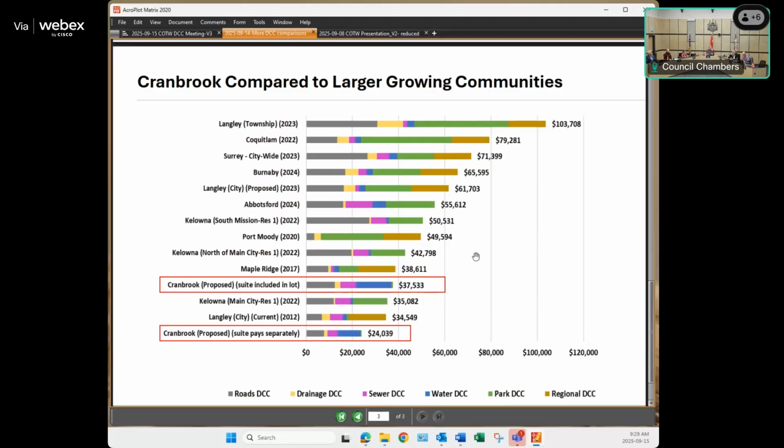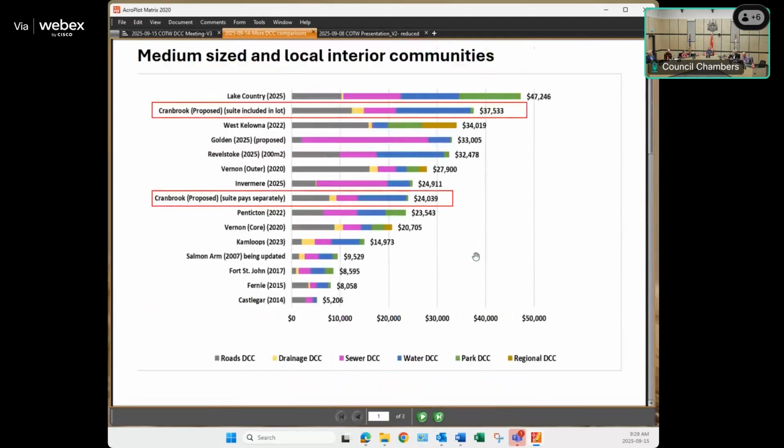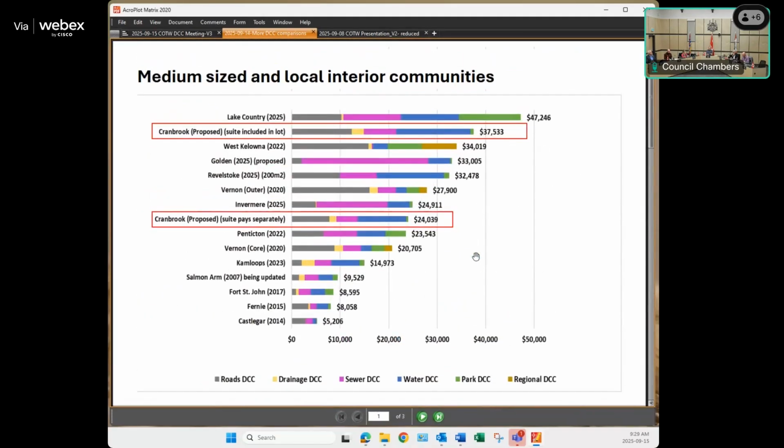So the slide I would like to see is communities our size that are not reliant on tech support or resort destinations. Communities like ours that are hubs, where the developers are not beating down our doors to want to develop in our community. Find me that sweet spot of those communities, and then let's look at what their DCC rates are, what their dilapidated infrastructure is, and what they need to do.